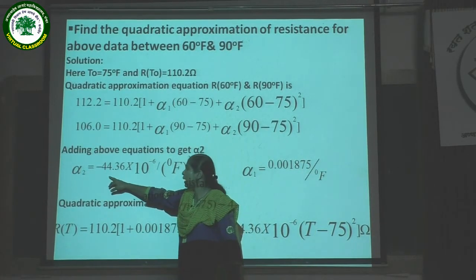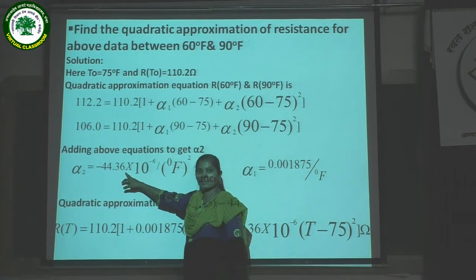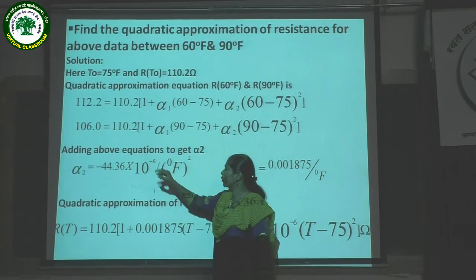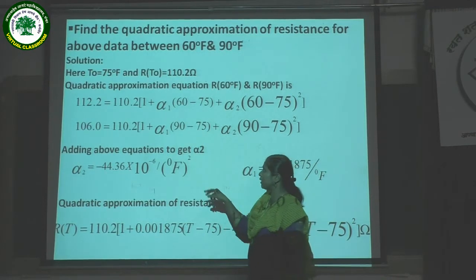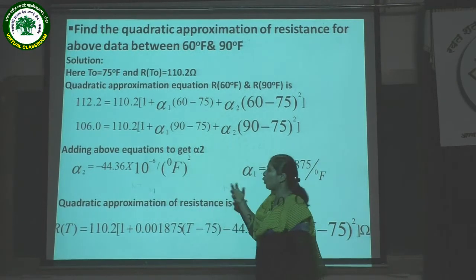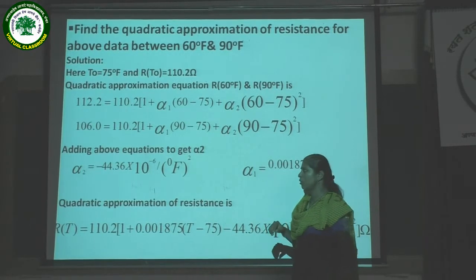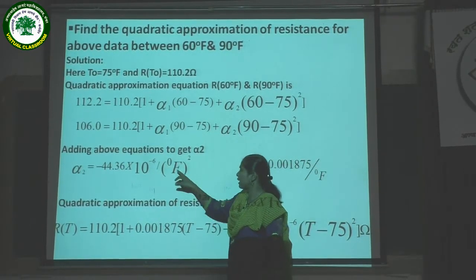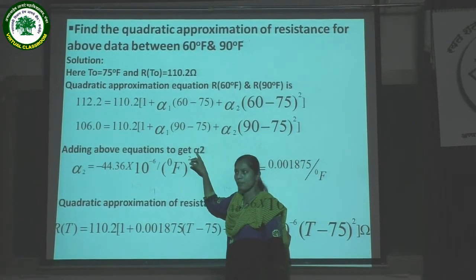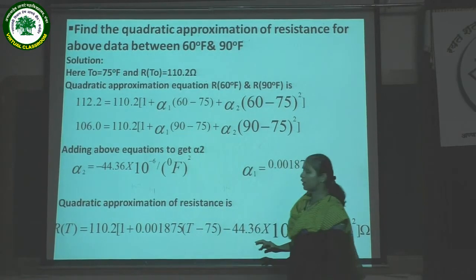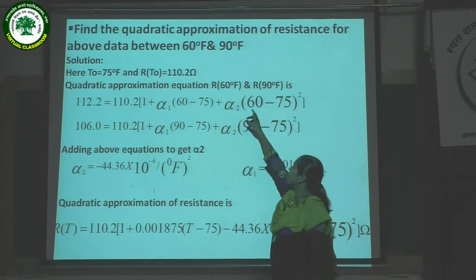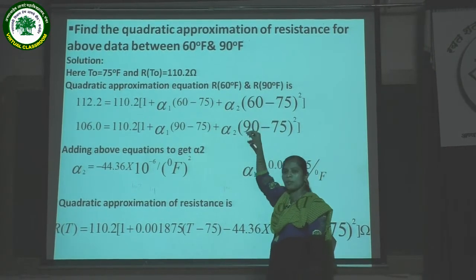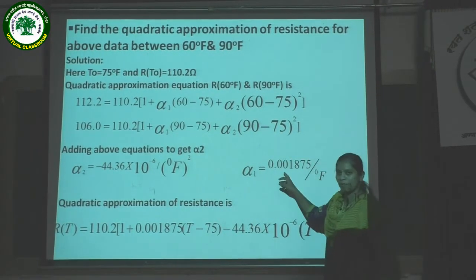By solving the equations we get alpha 2 as minus 44.36 multiplied by 10 to the power minus 6 per degree Fahrenheit squared. Here alpha 2 varies quadratically with respect to temperature, and therefore we have written its units as degrees Fahrenheit squared. Once we get alpha 2, we will substitute that value in equation number 1 or equation number 2 in order to get the value of alpha 1.